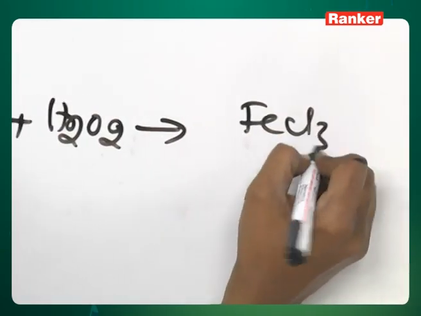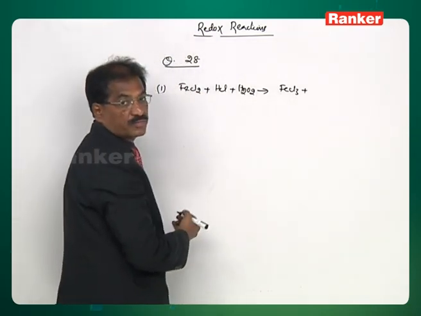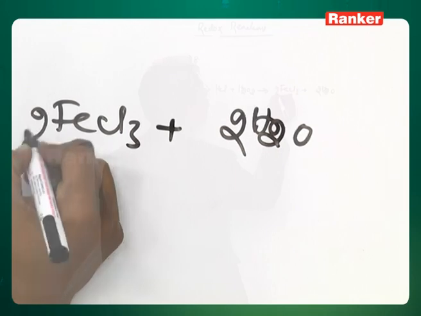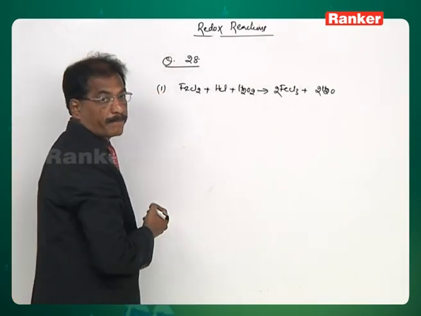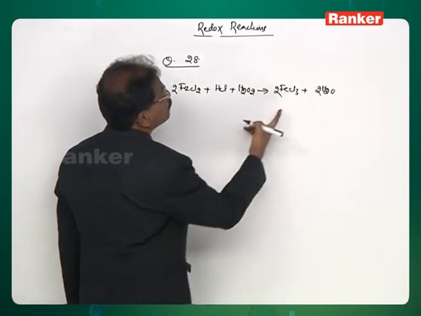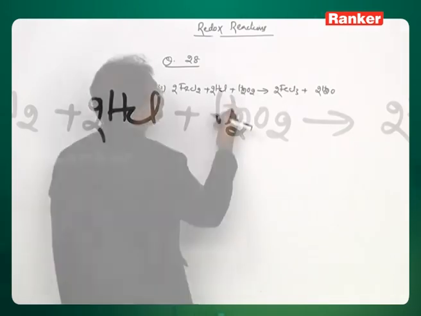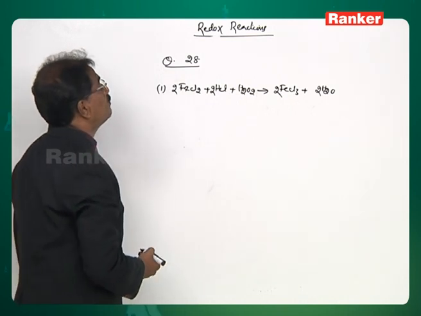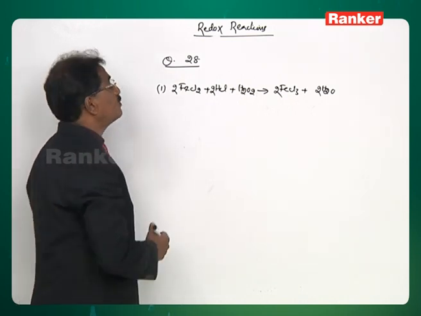Here, FeCl3 is being formed plus H2O. Now, in this option, first identify the change in the oxidation state of each species.